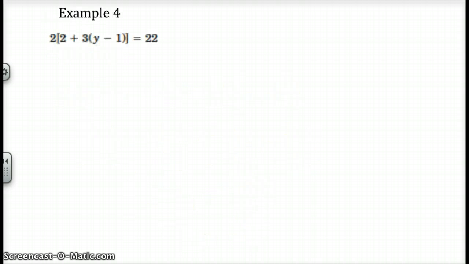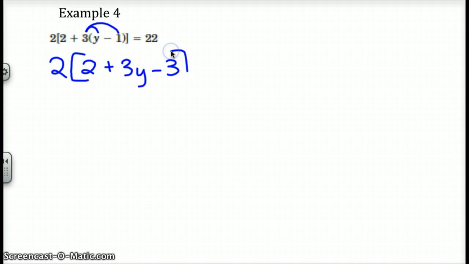And the last problem we have here is dealing with parentheses inside of a parentheses. So where do we start here? We're going to start with the inside parentheses and work our way out. So first of all, we're going to do our 2 with the parentheses here. We're going to do 2 plus, distribute these 3 through. So it'll be 3y minus 3 is equal to 22 here.